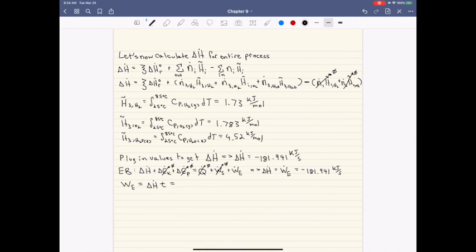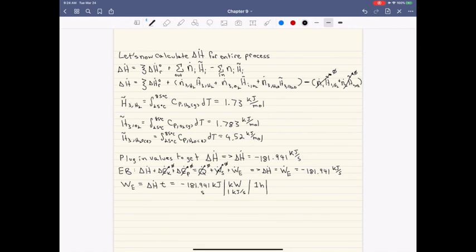Alright, so what we're going to do is take our delta H dot, which is in kilojoules per second, and we know that 1 kilowatt is a kilojoule per second. So that gives us kilowatts. And then we need to multiply by time, right? And since we're working with kilowatt hours, what we need to multiply by is 1 hour.